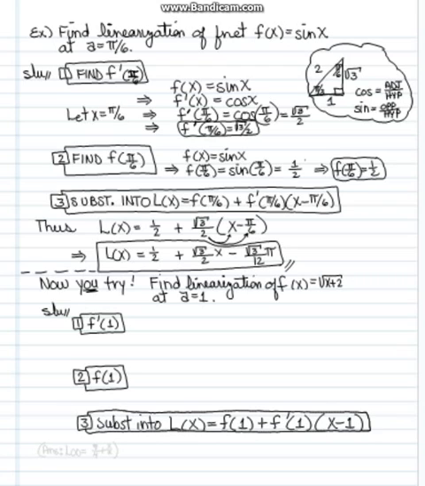And fill this in, answer each of those steps. Your final answer should reduce to L of x equals 7/4 plus x over 4. So try that and see if you can get it to work for you.